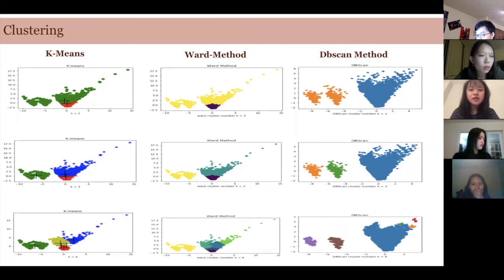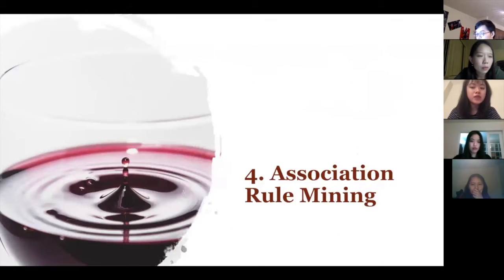The graphs on the PowerPoint show the PCA plot of the clusters by each method respectively. After comparing the silhouette coefficients, we find that DBSCAN has the best clustering performance with the wine dataset. Next, Tianxing will talk about the ARM and the network for us.